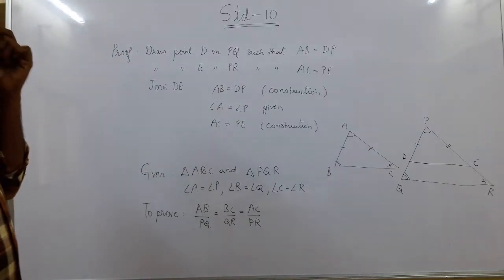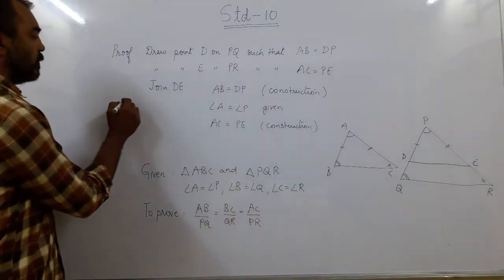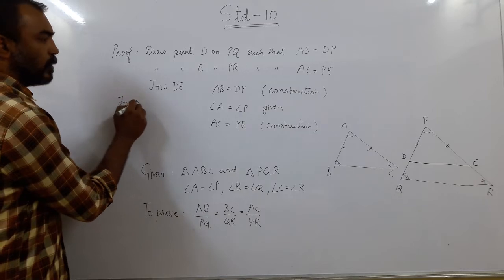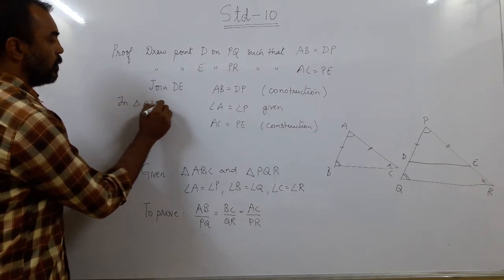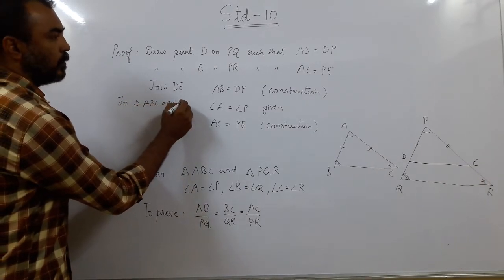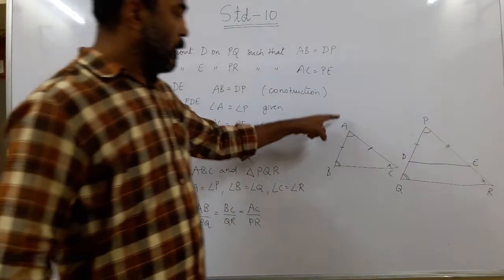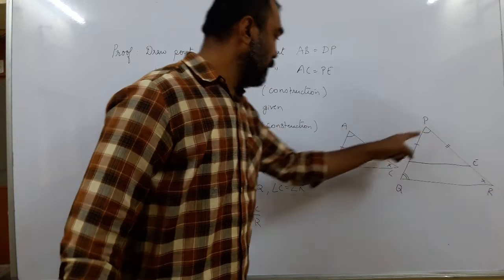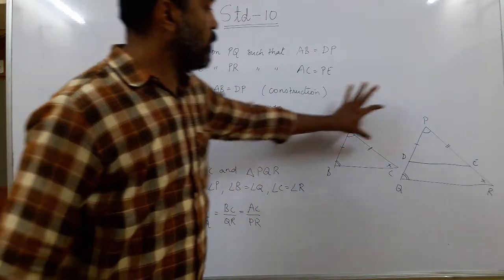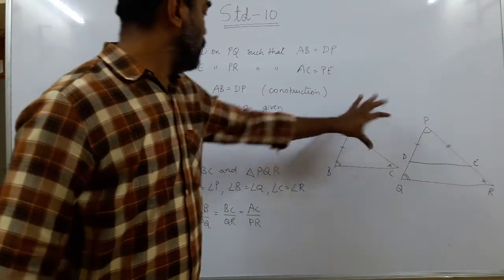This you can see, but what I need to mention, what I have taken here, I have taken triangle ABC and triangle PDE. See this, which triangles I have taken now? ABC and PDE. In that, AB equal to DP, by construction I made both of them equal.